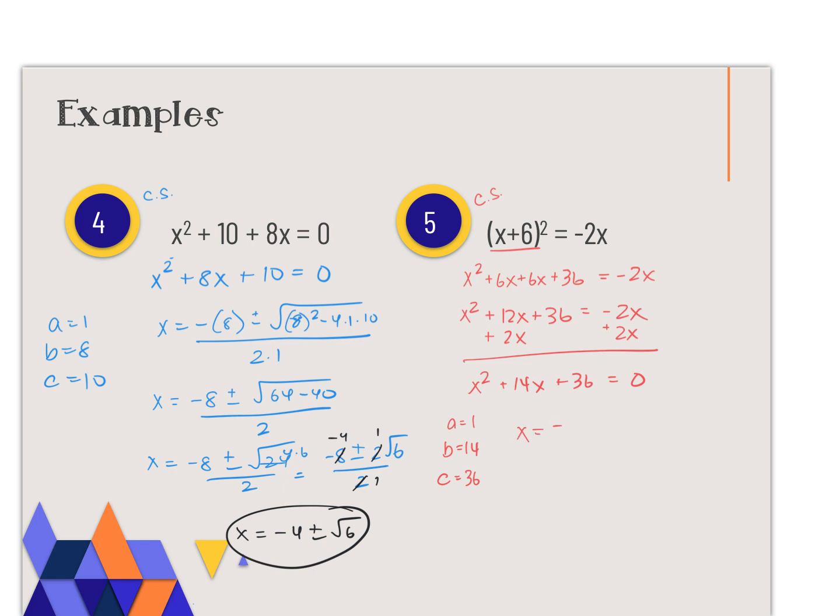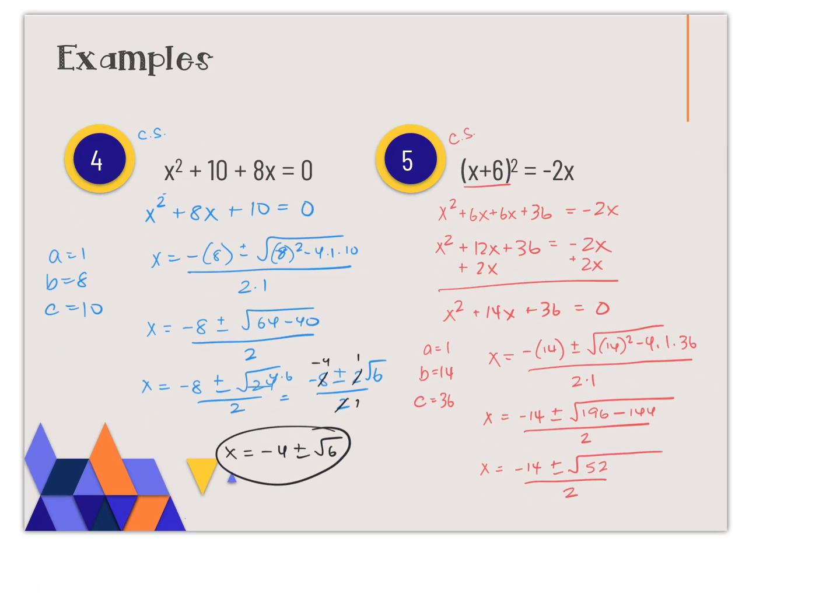X equals the opposite of B plus or minus the square root of B squared minus 4 times A times C, all over 2 times A. So x equals -14 plus or minus the square root of 196 minus 144, all over 2. So x is -14 plus or minus the square root of 52 over 2.